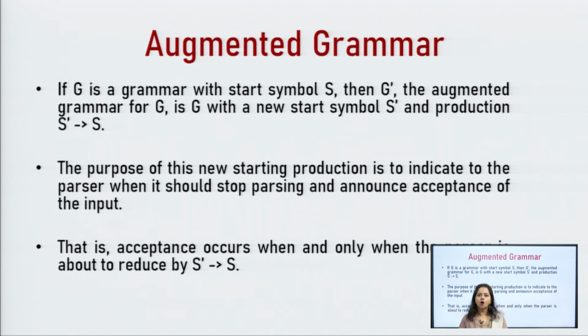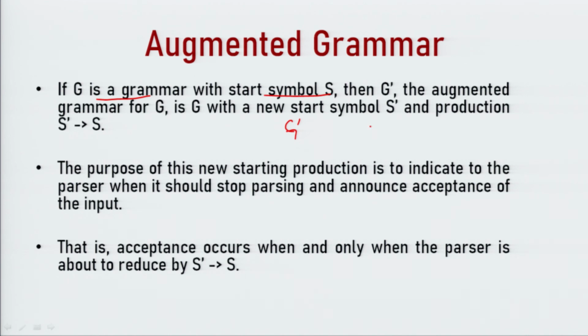Now, first is the augmented grammar. Suppose there is a grammar G and the start symbol of the grammar is S. Now, from G we can obtain an augmented grammar G prime. How will we obtain it? In G prime we will introduce a new start symbol S prime, and for S prime we will add a production S prime to S. So, there is a grammar G and its start symbol is S, and it may have its S productions.